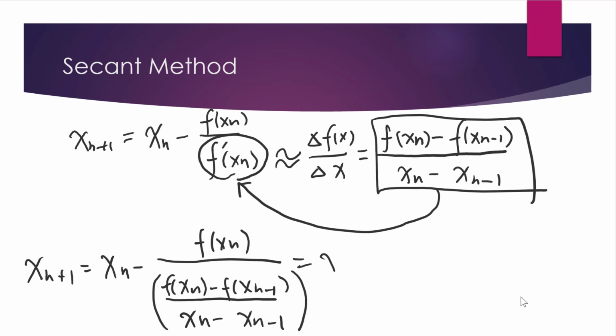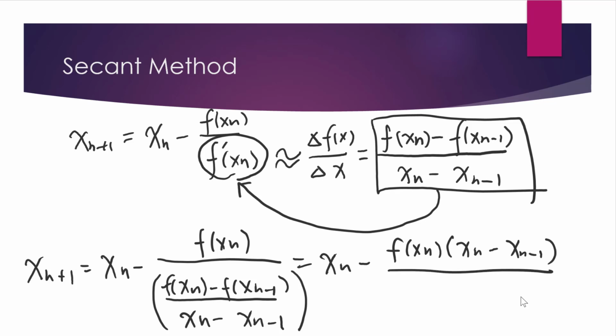So this should be equal to x_n minus f(x_n) times (x_n minus x_{n-1}) over (f(x_n) minus f(x_{n-1})). So this is how to derive the formula for the secant method.